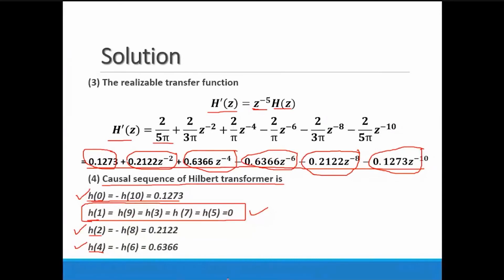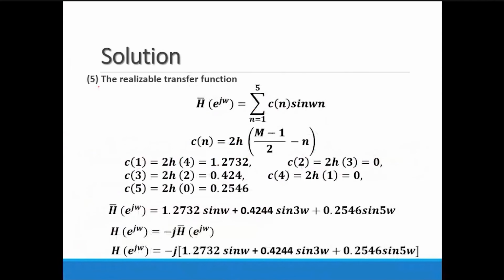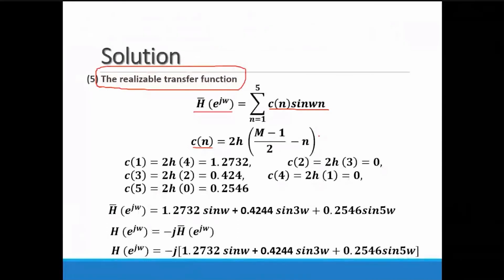Okay, now we are implementing this, and this is called the realizable transfer function, or the implementation of the causal function. So whatever equation we have written earlier, h dash e raised to j omega, that is the summation of n equal to 1 to 5 of cn sine omega n. For the cn, the equation is 2 of h of (m minus 1)/2 minus n. For example, I am taking c, n equal to 1. So when n is equal to 1, you get c1 is equal to twice of h of (m minus 1)/2 minus 1.